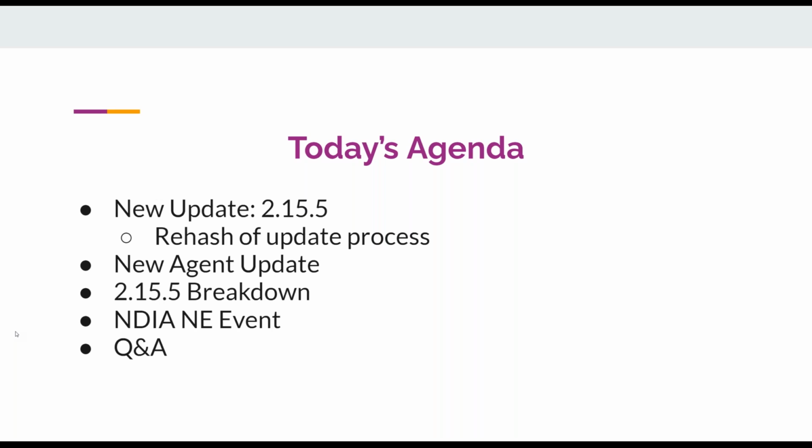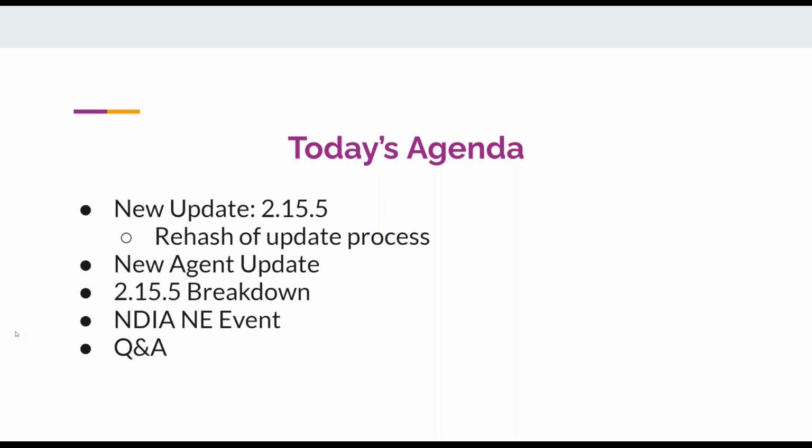We'll just briefly talk about 214.4 getting up to 215.3, and now we're going to be talking about 215.5 as well, and just some other things that happened in terms of new agent update. Again, the 215.5 breakdown. And then towards the end of today's call, we will be touching upon a little regionally.